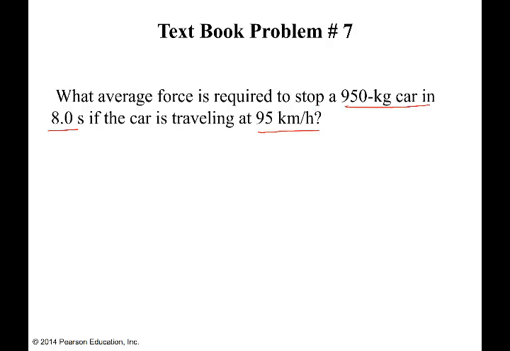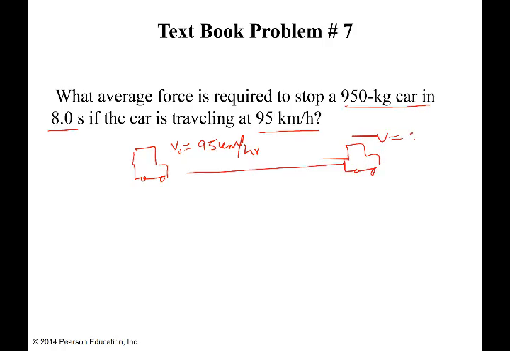So in order to stop a car, this is a scenario where there's a car which is actually moving. Its initial V naught is 95 kilometers per hour, and then it needs to be stopped. So that means its final velocity V will become 0. Okay, and this whole entire process takes place in a time of 8.0 seconds, and I have to find out how much average force is required.